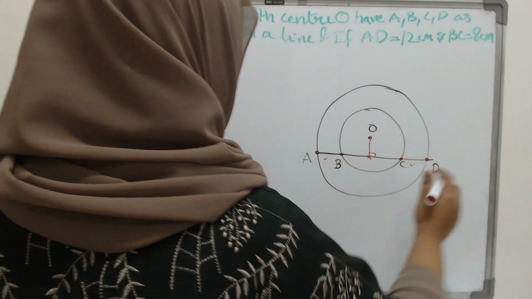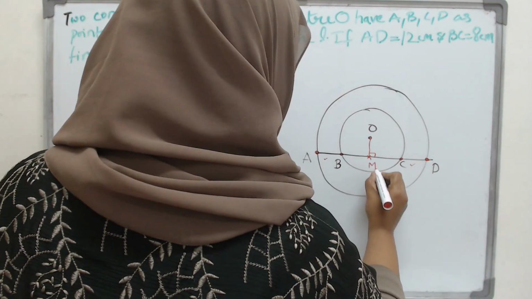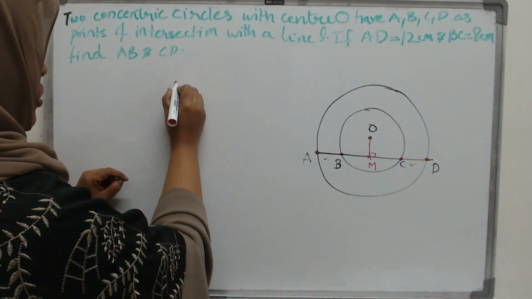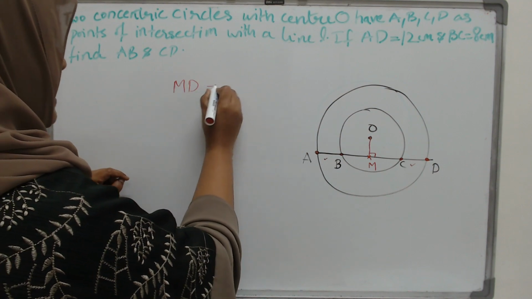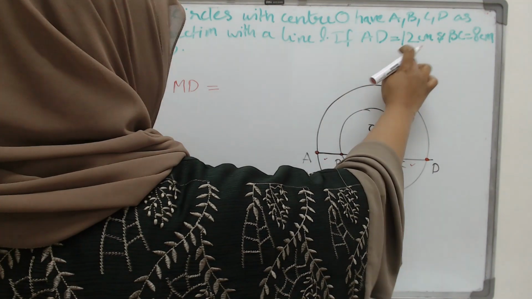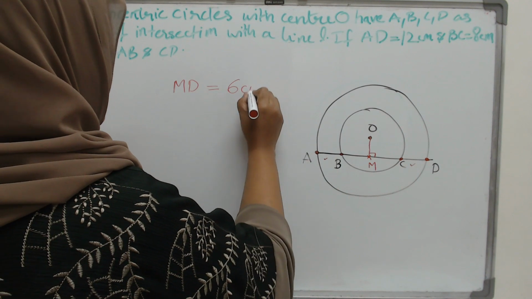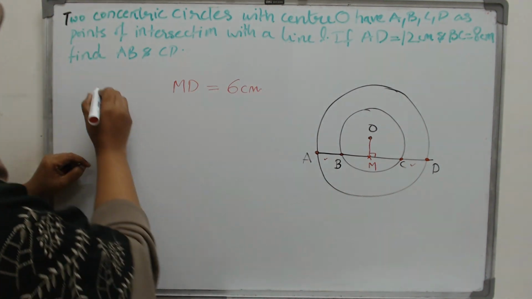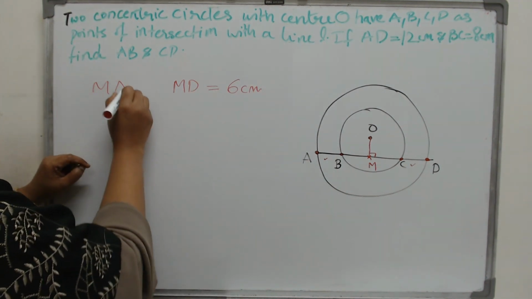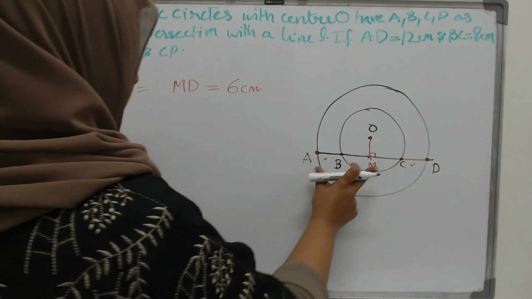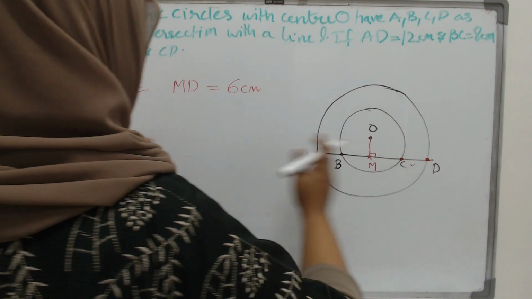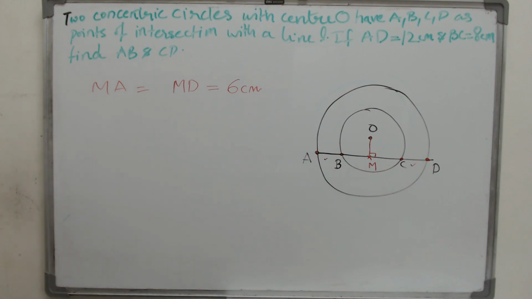It has cut it into half. So suppose this point is M. Your MD is now just what? Half of AD, which is 6 centimeters. And same with MA. MA and MD have now been cut into two equal parts.